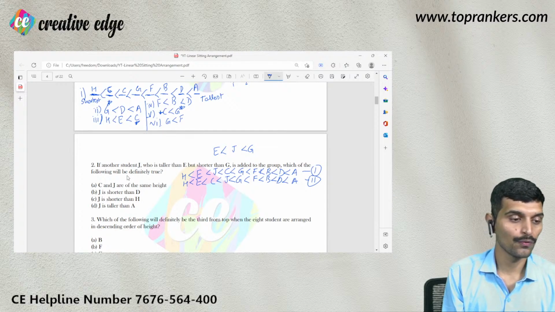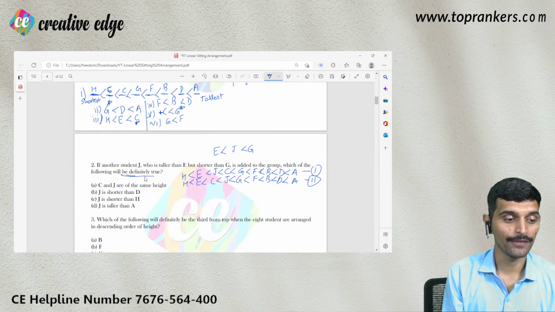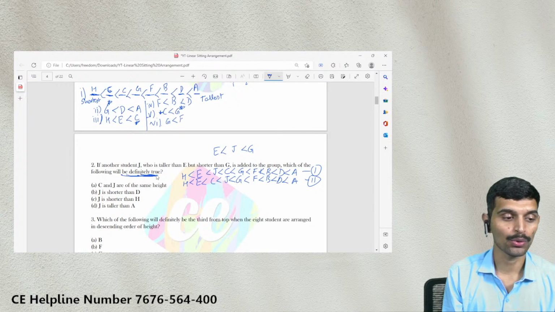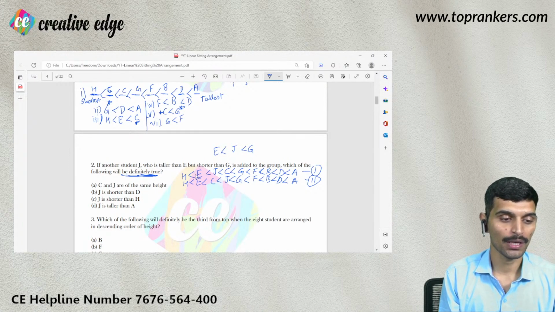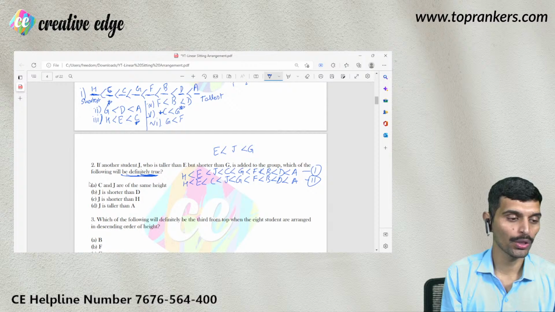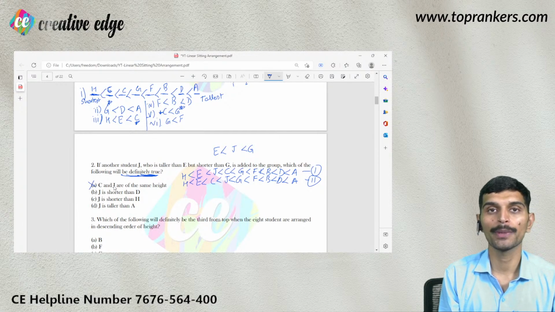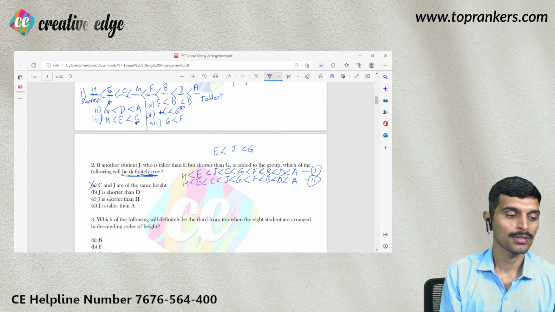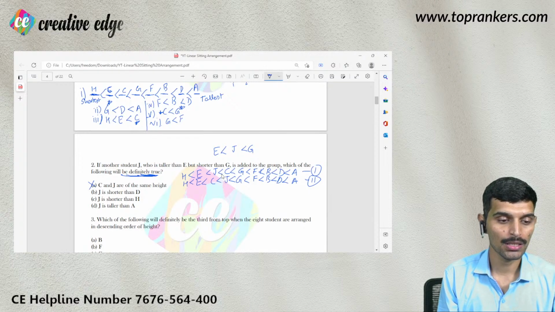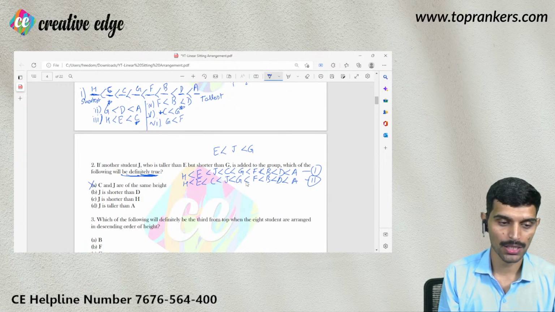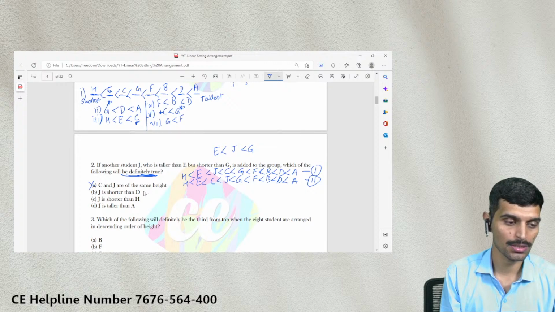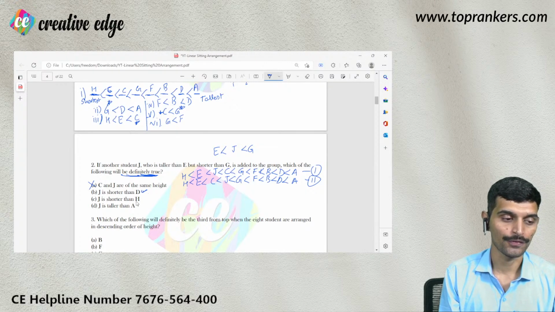So which will be definitely true? C and J are of same height. No information is available, so this cannot be definitely true. J is shorter than D. Yes, J is shorter than D in both cases. This is definitely true.